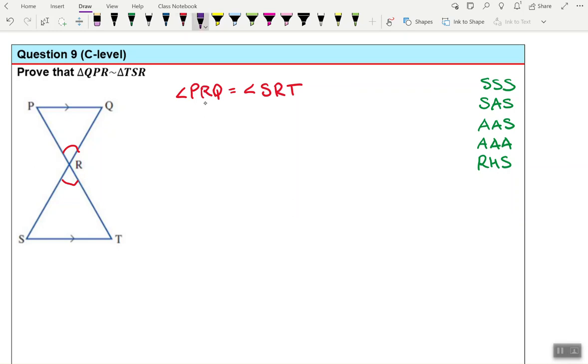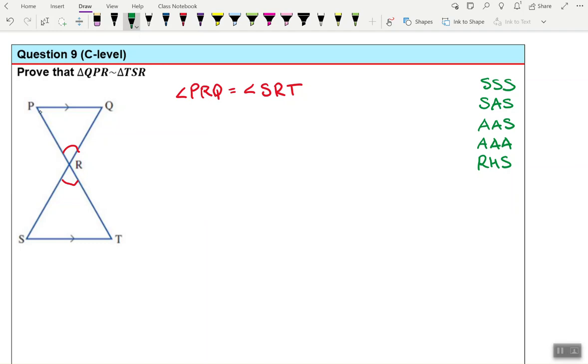As long as you have the R in the middle, that's where the angle is. You could rewrite this as angle QRP is equal to angle TRS. Doesn't matter as long as the R is in the center. Okay, that's the first one.